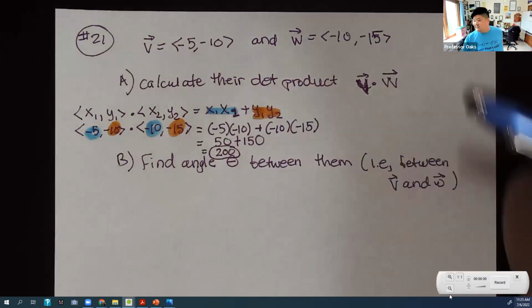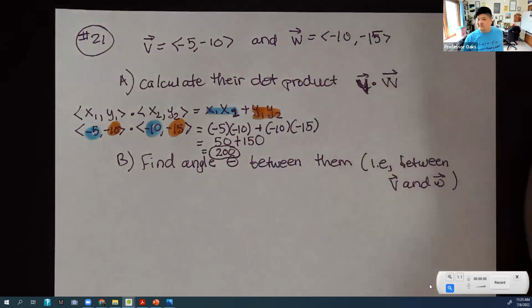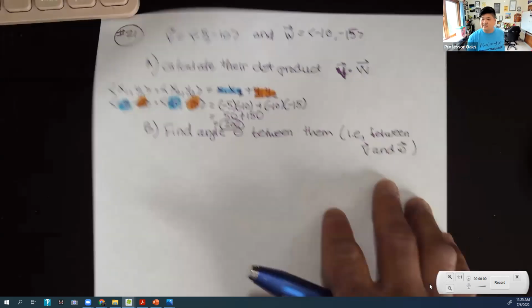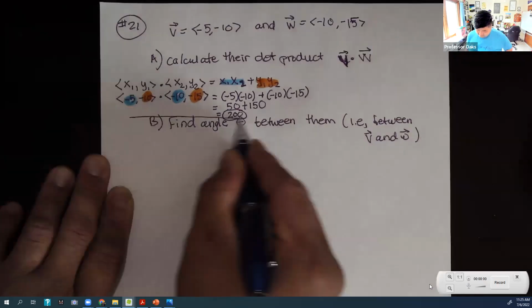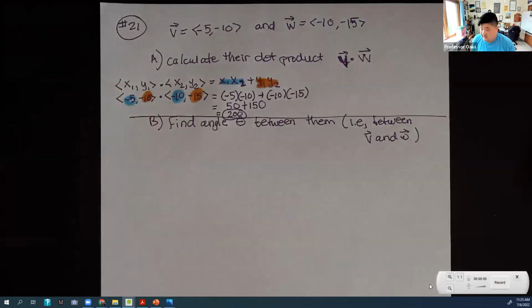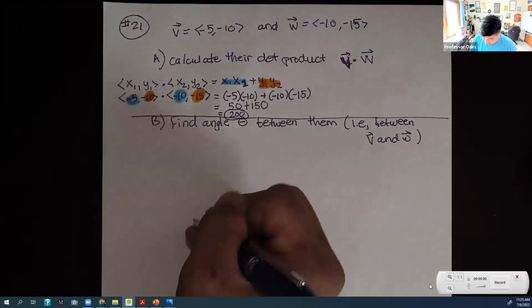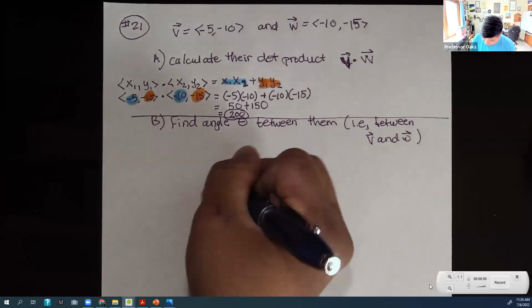I don't think that formula is actually too bad, but you have to see it once is all. And then here is the thing, I want you to see this.